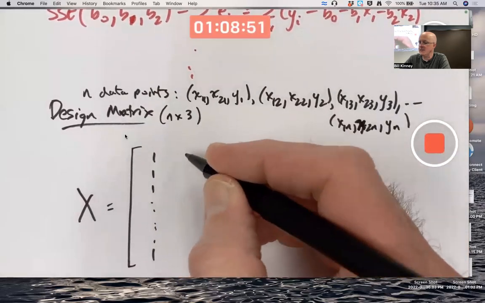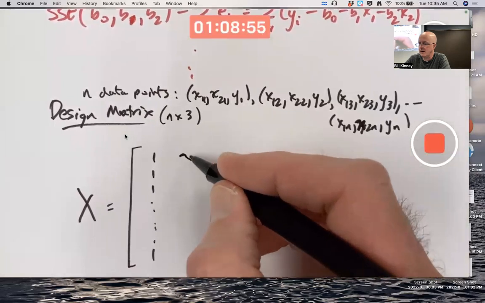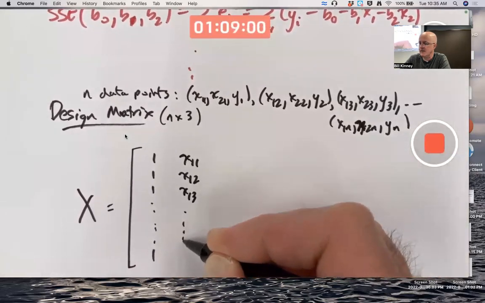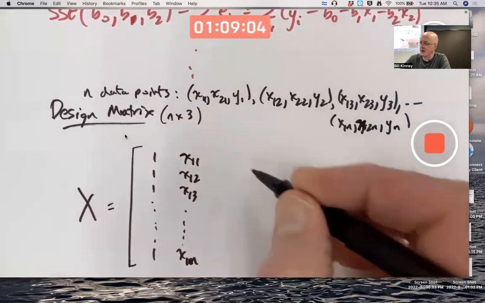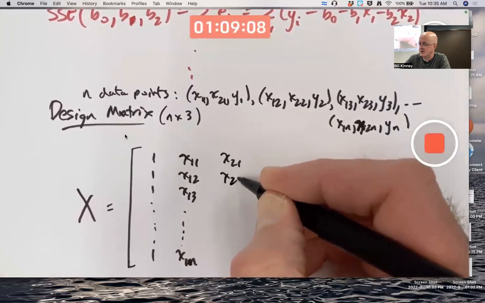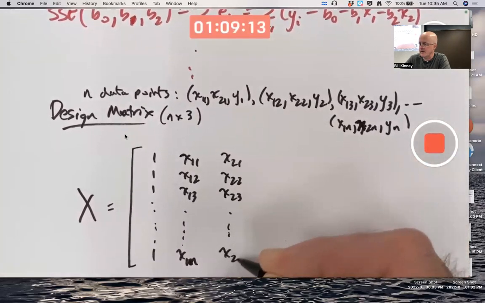In the second column, you have the x1 values, x11, x12, x13 through x1n. And in the third column, you have the x2 values, x21, x22, x23 through x2n.